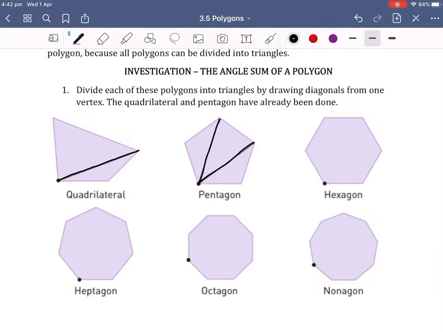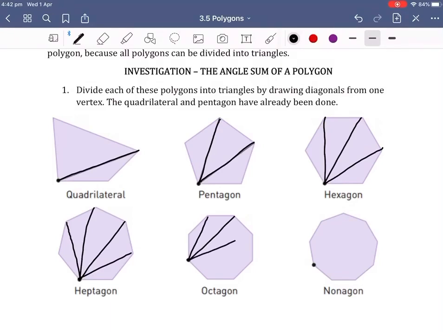Okay, hopefully you're back and you have already drawn all the triangles on your hexagon, heptagon, octagon, and nonagon. For your hexagon, you should be able to draw 3 lines. For your heptagon, you should be able to draw 4 lines.